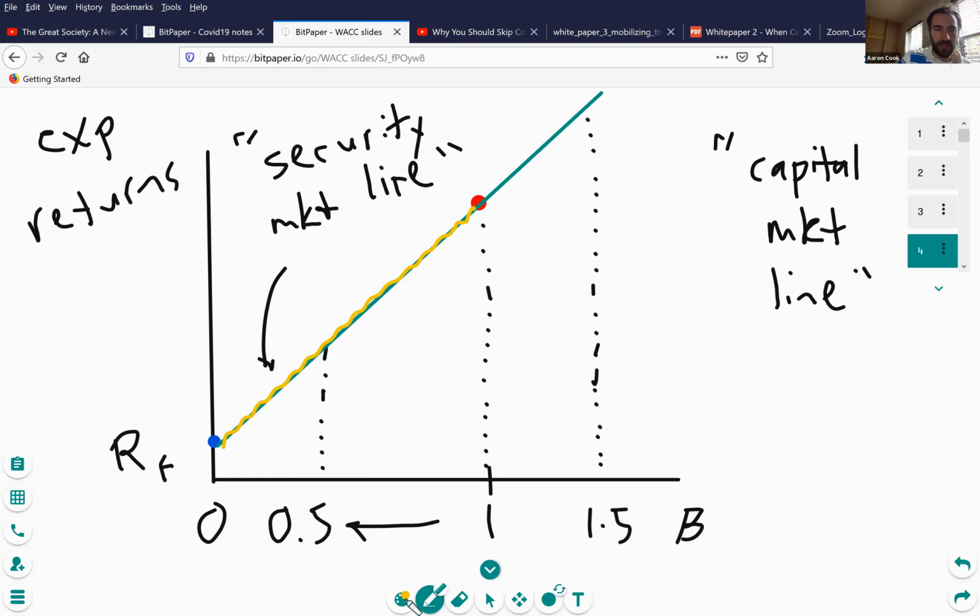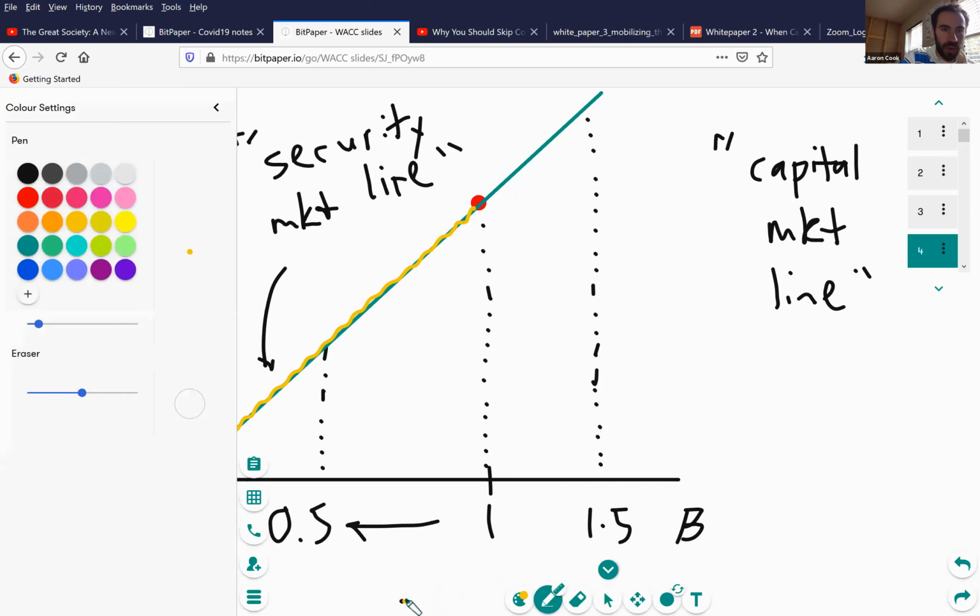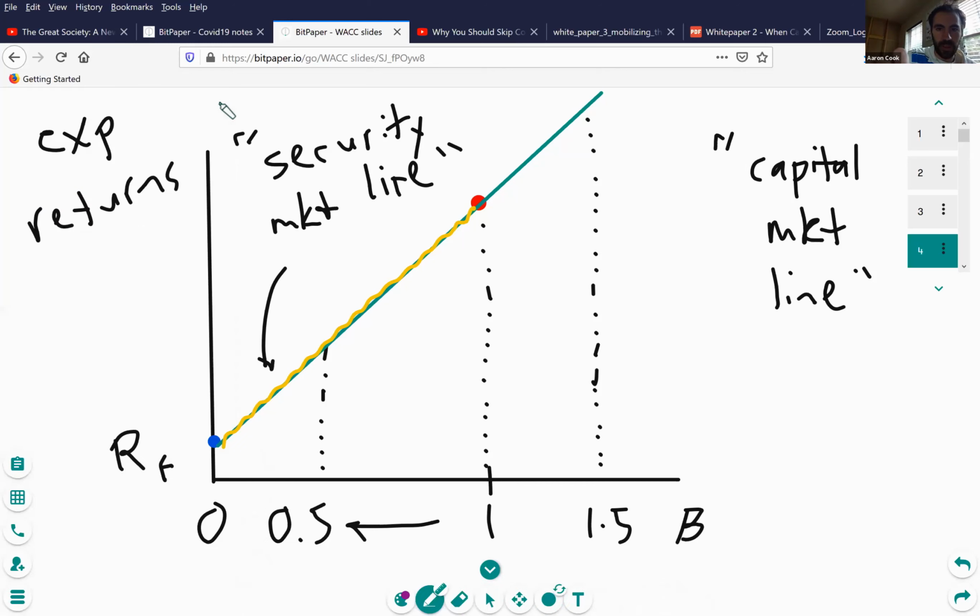Alternatively, if you have something that's above the line, let's say by this purple portion, you're actually investing negative amounts of your portfolio in the risk-free rate, which means you're actually borrowing. You're borrowing at the risk-free rate. This purple portion means you're borrowing at the risk-free rate.